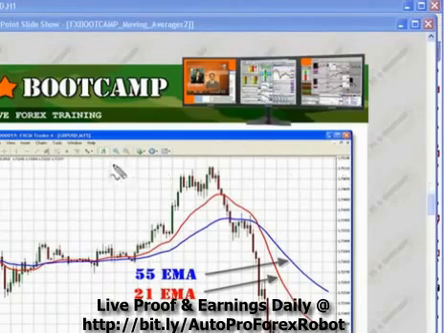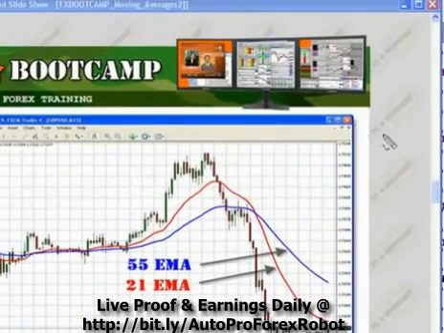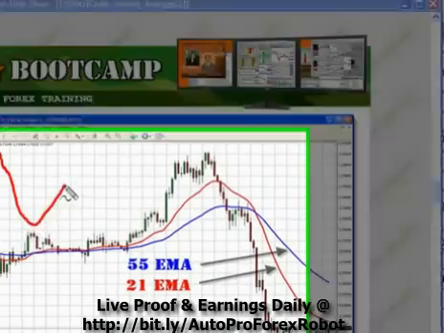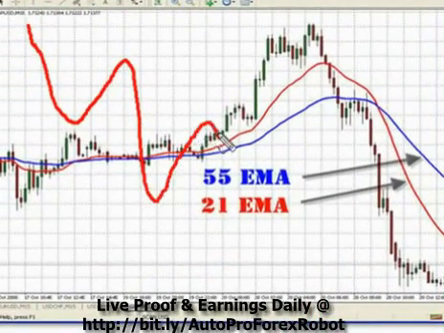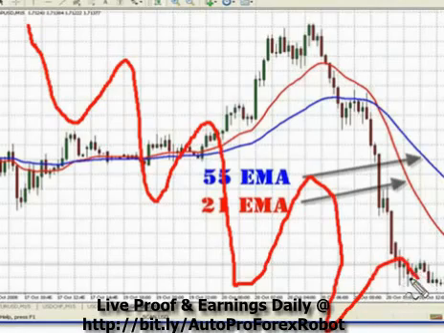Now, how many times have you seen, let's say the market falls, like in this example? Okay, the market falls. Let's say somebody asks you, hey, so how did trading go? And you said, well, the dollar fell today. Yeah, but you know what? When the market falls, we know that the definition of a falling market is a series of lower lows and lower highs, lower low, lower high, on and on and on, right?